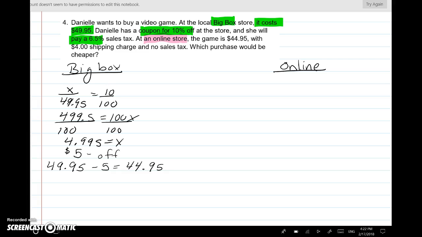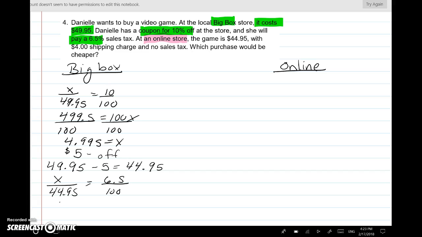Okay, now she has to pay sales tax. Sales tax is going to be taken from the discount, not the original, but from the discount. So again, unknown over $44.95 equals 6.5 over 100. I'm going to multiply that.